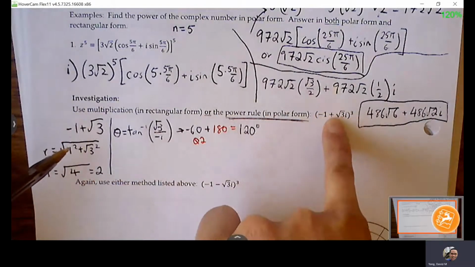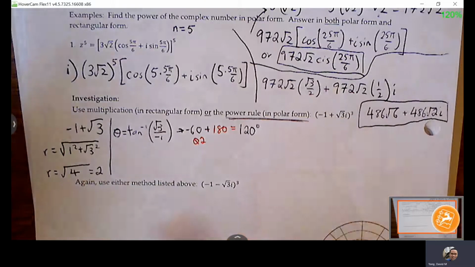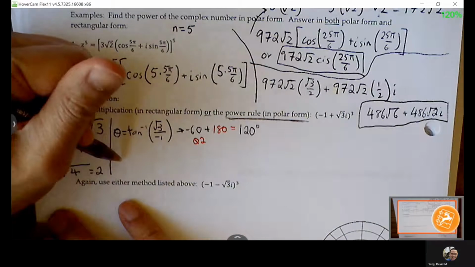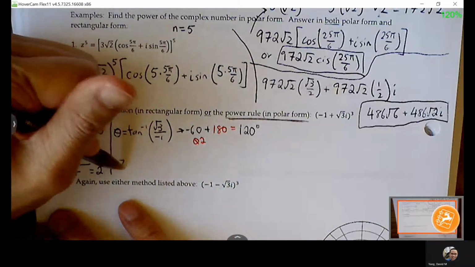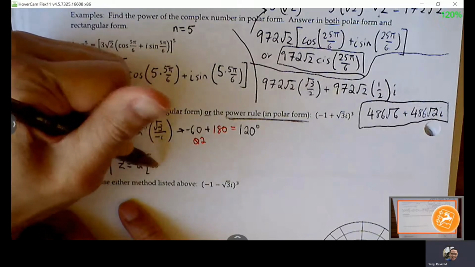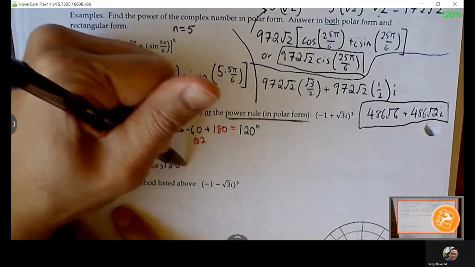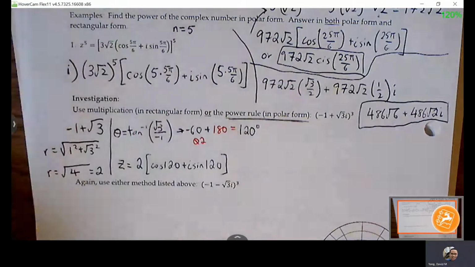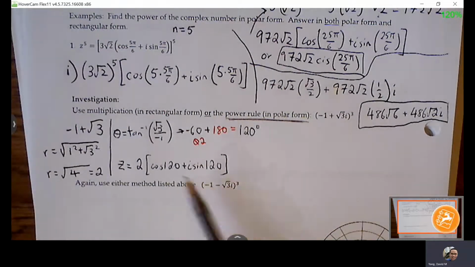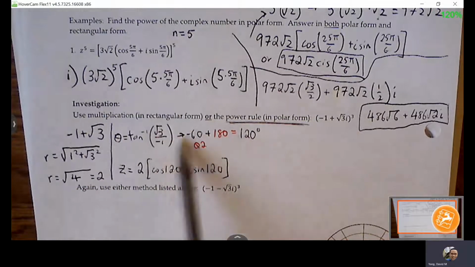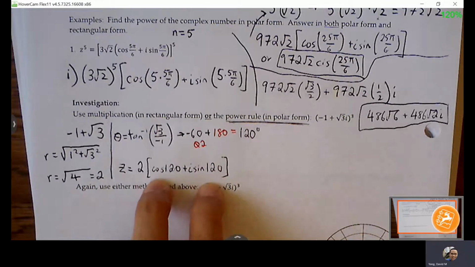Let's get this into polar form, and then we can raise it to the third power. Okay, so now we're going to do what we did for number 1. Now we're going to raise this to the third power, now that we have the polar form of -1 plus √3i.